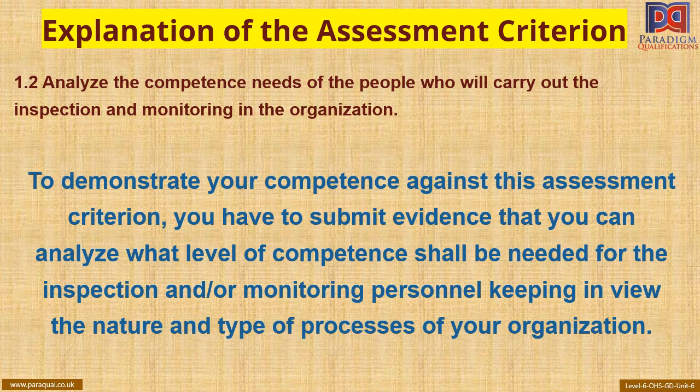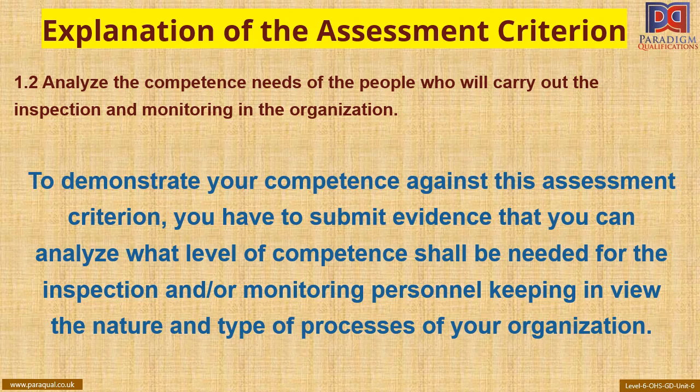The assessment criterion 1.2 of Unit 6 is Analyze the competence needs of the people who will carry out the inspection and monitoring in the organization. To demonstrate your competence against this assessment criterion, you have to submit evidence that you can analyze what level of competence shall be needed for the inspection and monitoring personnel, keeping in view the nature and type of processes of your organization.